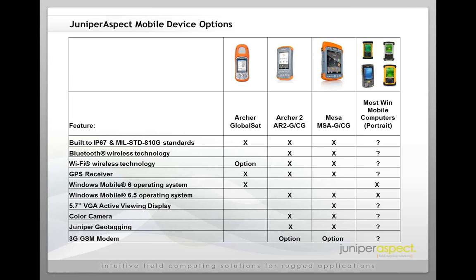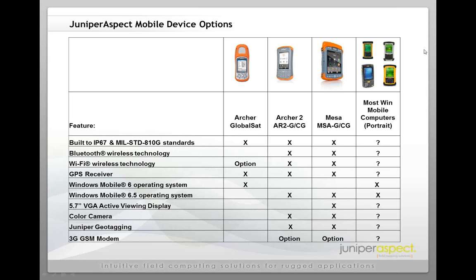The Aspect system runs on a number of different mobile devices. Of course, our own Juniper products, the Archer, our new Archer 2 that will be coming out this fall, the Mesa rugged notepad, and really any Windows Mobile system, as long as it's running Windows Mobile 6 or greater and runs in a native portrait mode.